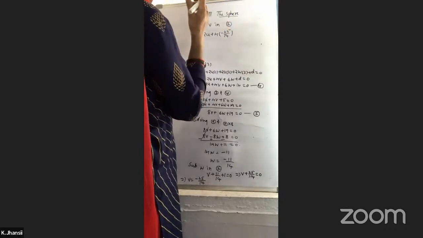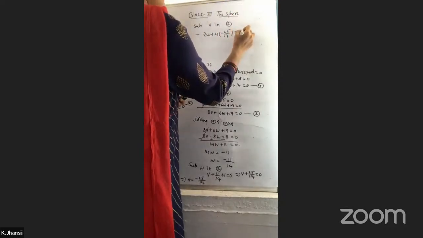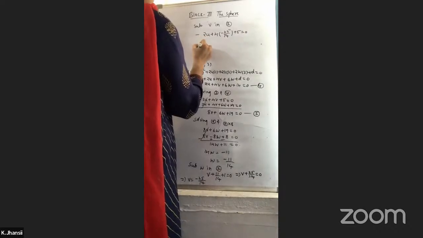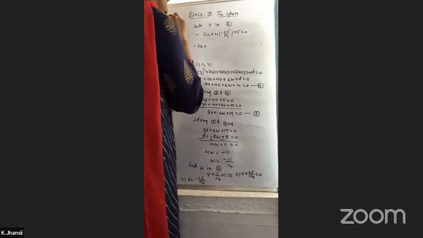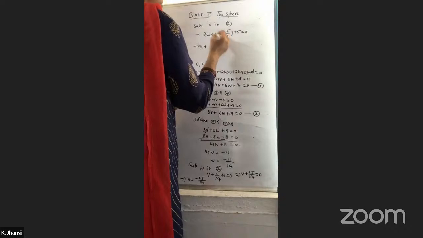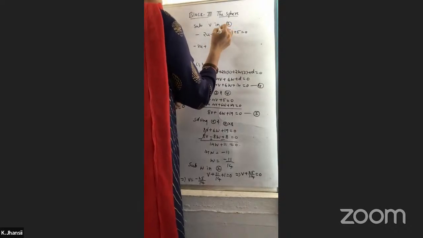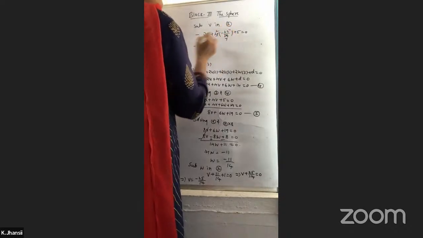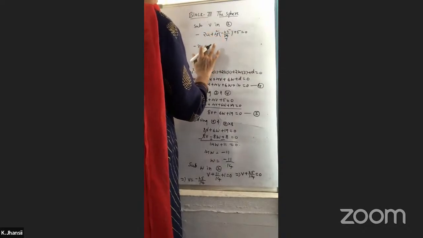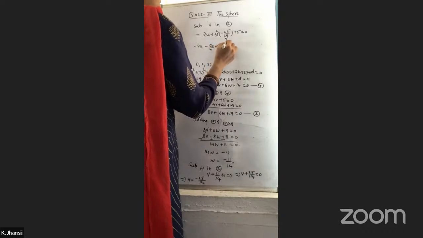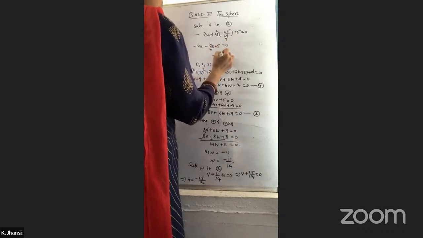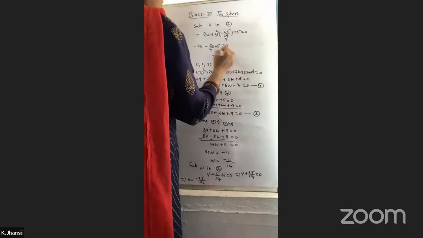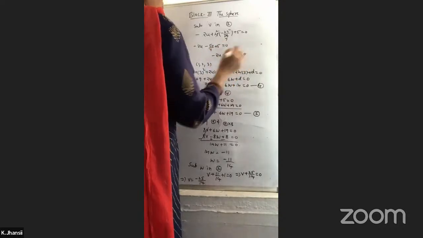After that, plus 5, equal to 0. Okay. Minus 2u. So 2 2s are 4, 2 7s are 14. This is minus 50 plus 5. So minus 2u, this is minus 50 plus 35 by 7 equal to 0.